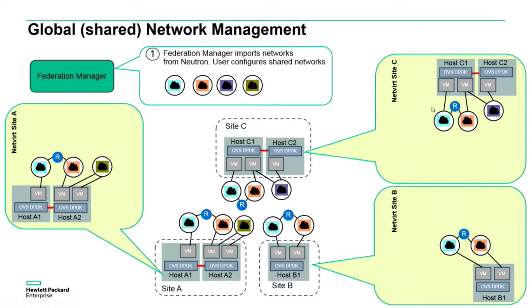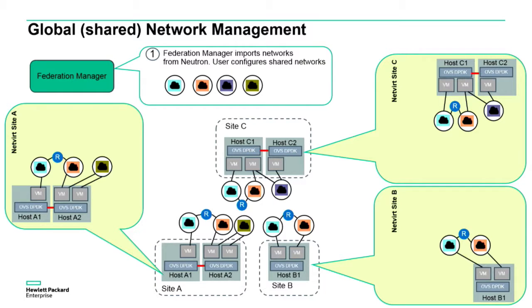So this is the abstract view of NetVirt on one side, and the other side, and the third side, okay? That's the abstract view. It can be a cluster of ODL, or it can be a single instance. You don't care, just the model, okay?